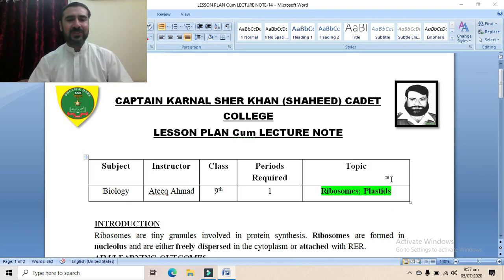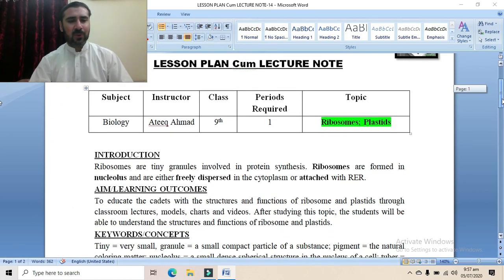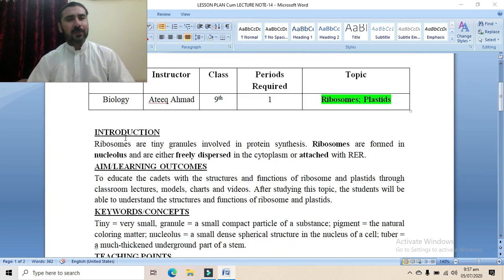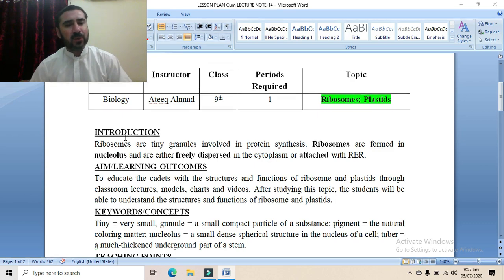Today we are going to study two important organelles, ribosomes and plastids. We will start from ribosomes. Ribosomes are tiny granules involved in protein synthesis. Tiny means very small.